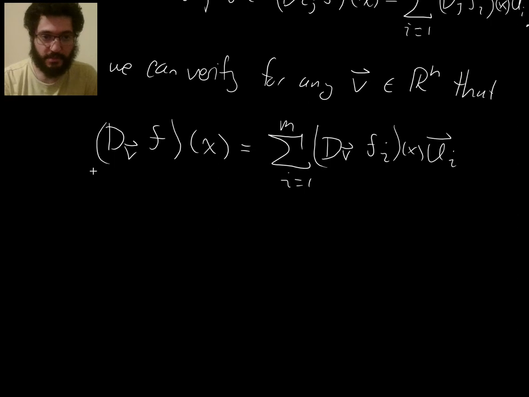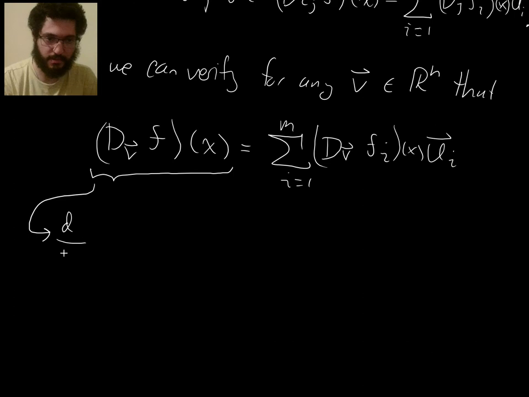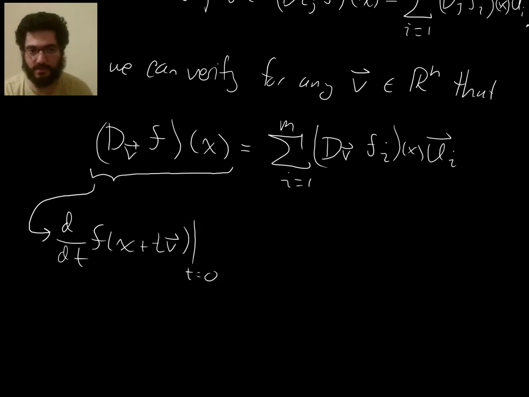So by definition of the directional derivative, so this is what I want to prove here. And the left-hand side, by definition, will be d/dt of f of x plus tv at t equals 0. That's the definition of this directional derivative notation.